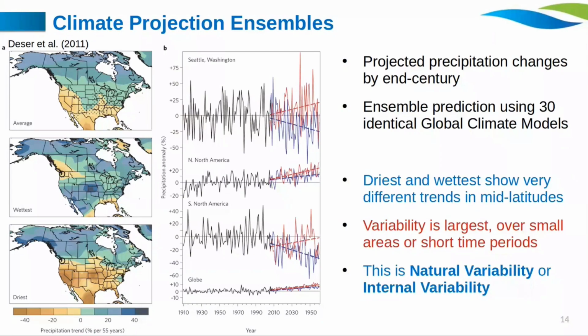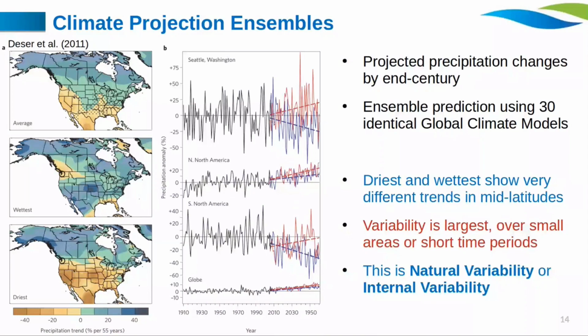And the average in precipitation change is shown here. So similar to what I've shown before. So increase in the north and in the subtropics, or in the south and Central America, towards Central America, decrease in precipitation. But then if you compare the wettest member of that ensemble and the driest member of that ensemble, and I think these are 30-year periods averaged at the end of the century, right?